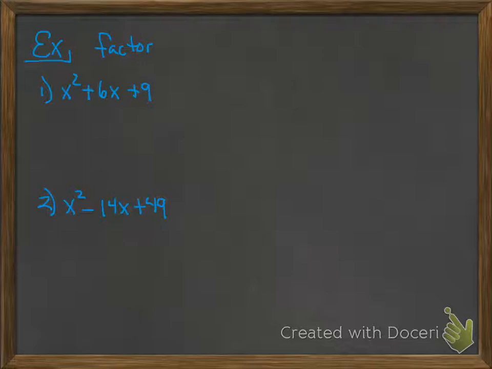So, let's look at this. This is one from actually just the last video. But I'm just going to look at my a here and my last number here. This tells me their sign. So that's the sign that we're going to use. So I know I'm going to have a plus in my square.